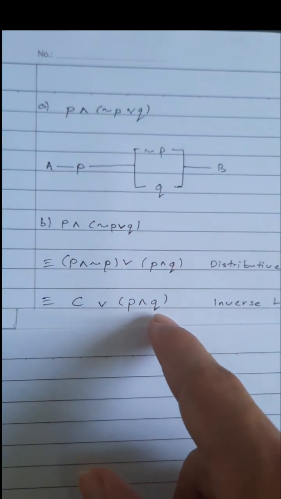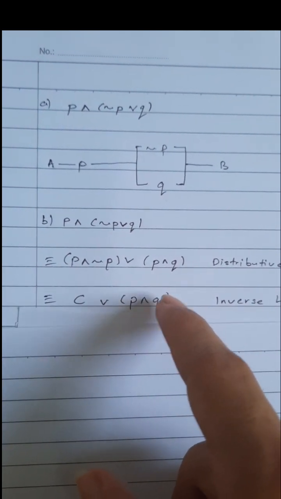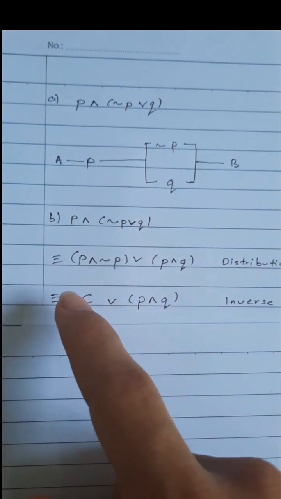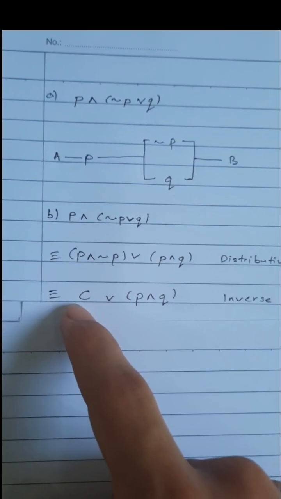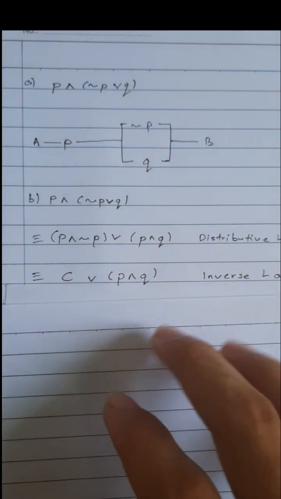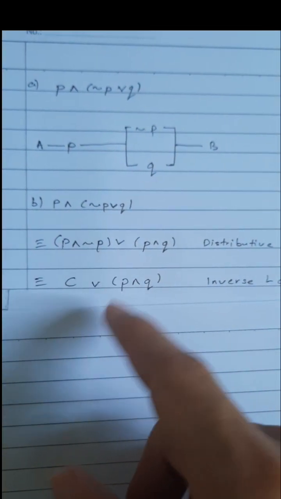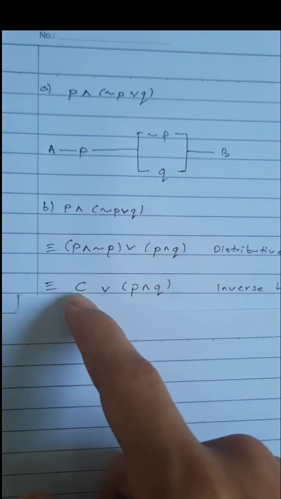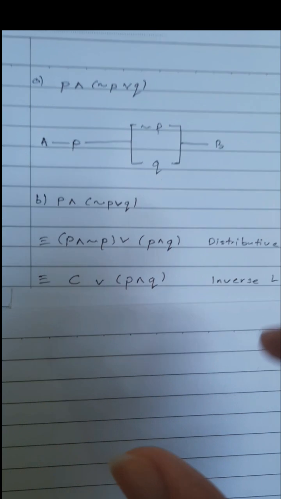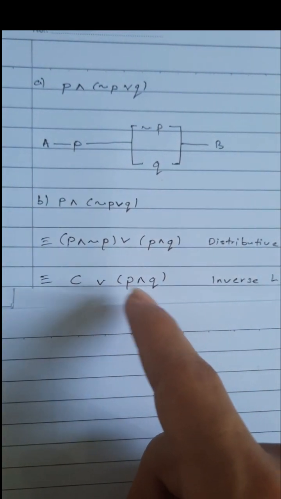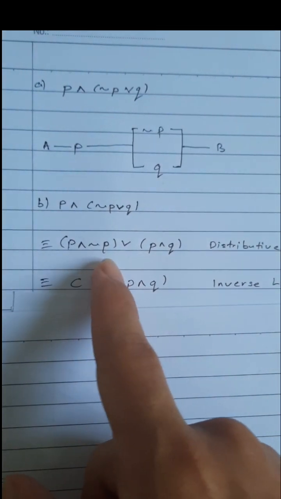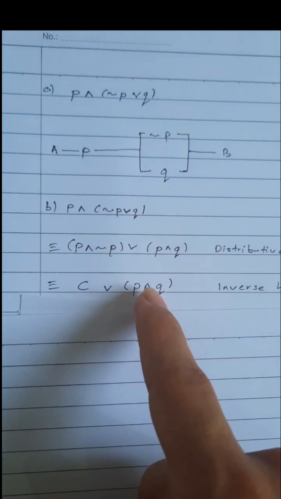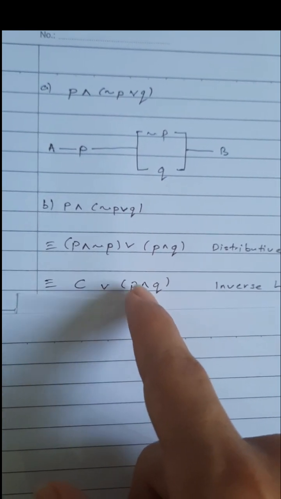So as you can see here, P and Q doesn't change anything since we can't do anything about it. So the only thing that changes is this contradiction using the inverse law. And whenever any variable meets or contradiction, we can use the identity law. The identity law will make this contradiction disappear, and then it will leave out the only variable here.